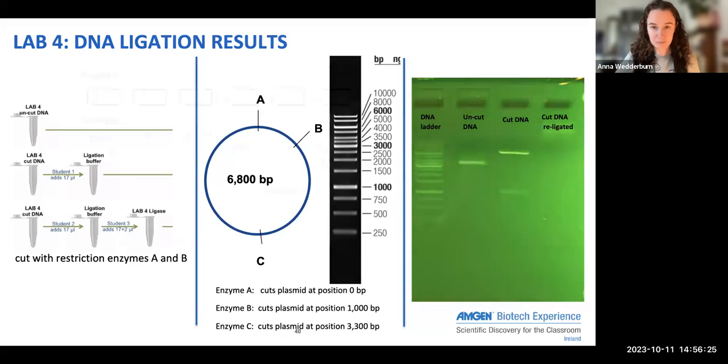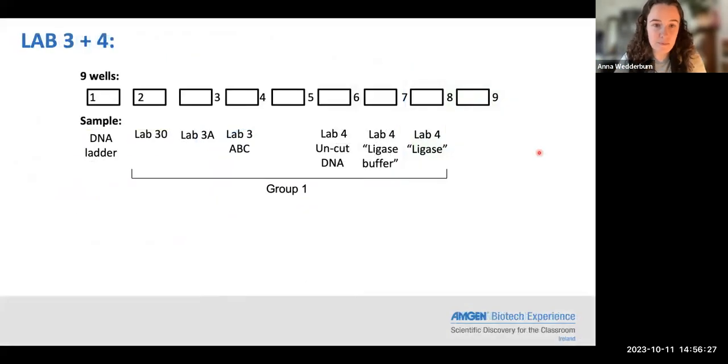Okay, I hope this part isn't confusing, but as I said, for labs 3, you have 2 groups of lab 3 running on one profiling gel, and then for labs 4, you can have 2 groups doing lab 4 and running on one profiling gel.